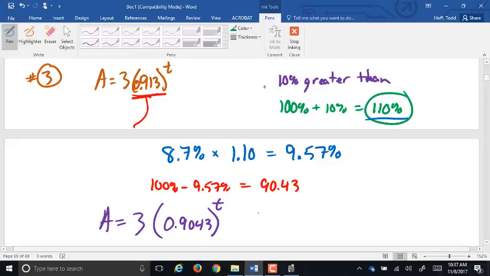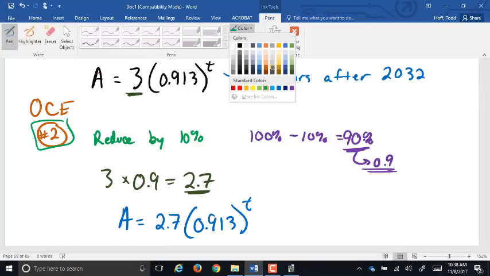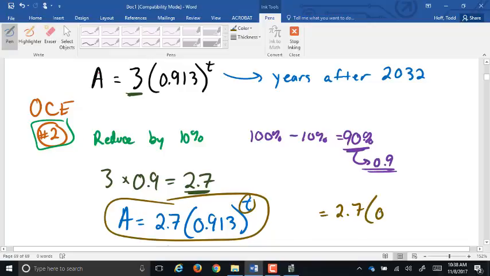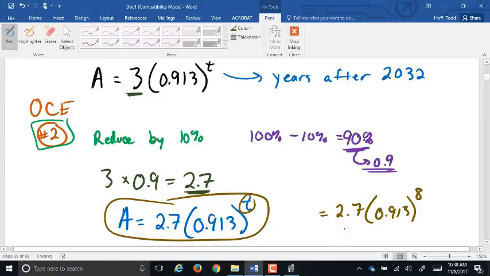Okay, let's take a look. Number 2, what is the new estimated value of the funds? So we're going to go back up to number 2 here. What's the estimated value in 2040? So that's after 8 years. So we're using this adjusted formula and putting in 8 for t. So 2.7 times 0.913 to the power of 8. I'm getting 1.304 trillion.